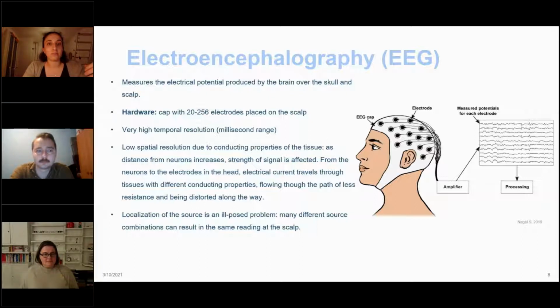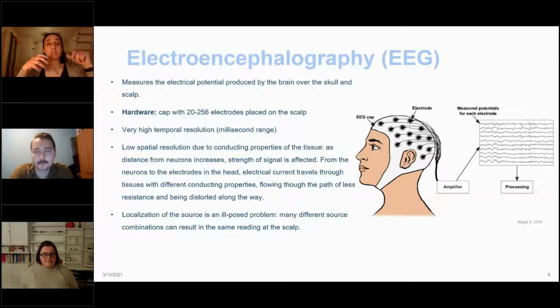And due to its practicality and its high temporal resolution, it's widely used in brain-computer interfaces, and there are many startups at the moment which use EEG for their purposes, for example, gaming. But we are going to see more of that in the brain-computer interface lecture, which I think is in 2 weeks. And yeah, but there's one downside to EEG, and it is low spatial resolution.